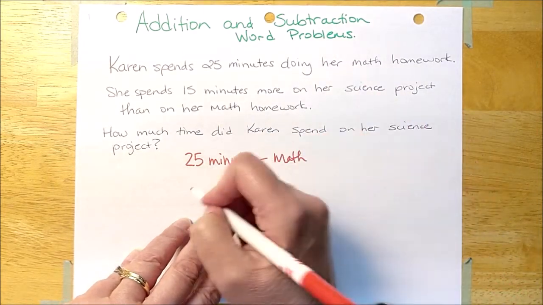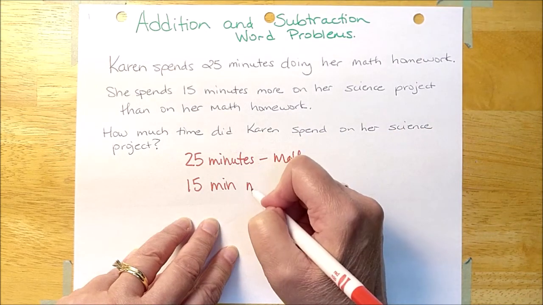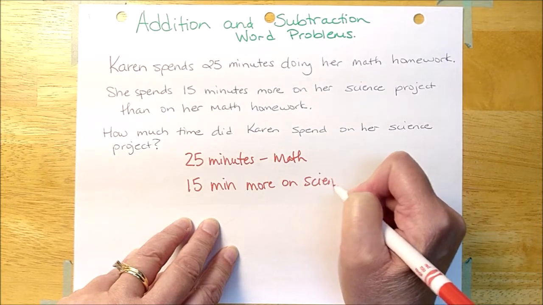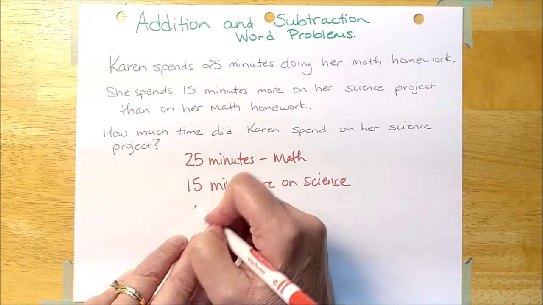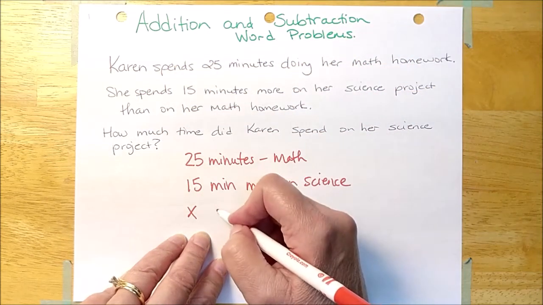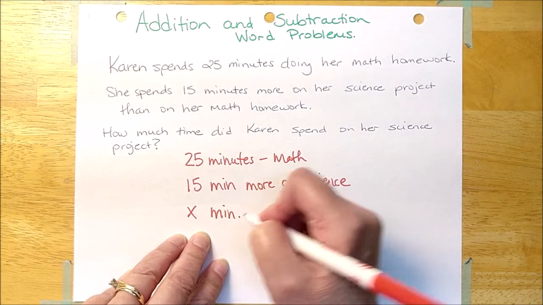I could write 15, I can even make that shorter, minutes more on science. And then my X would be how much time did Karen spend on her science project? X is minutes science.